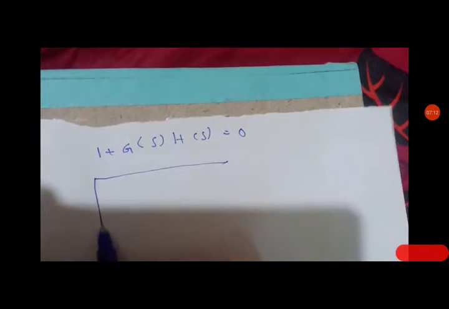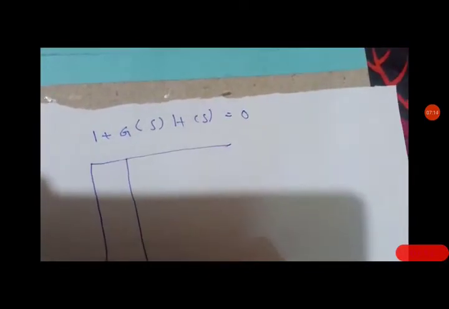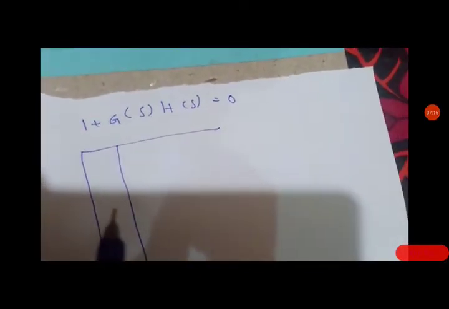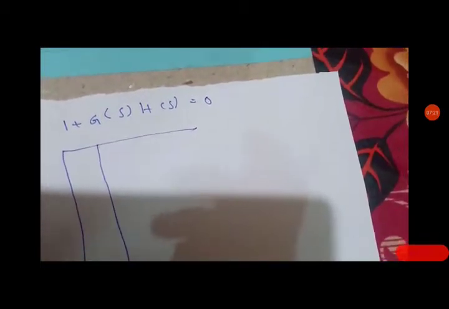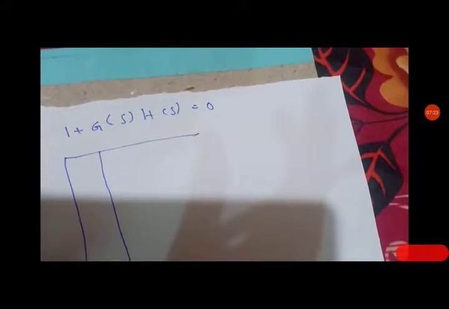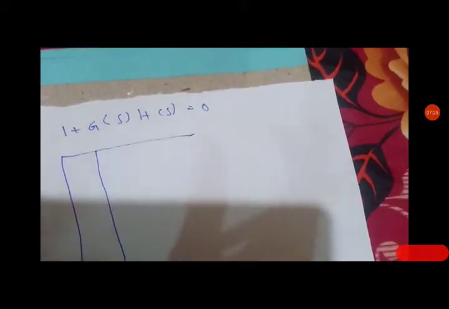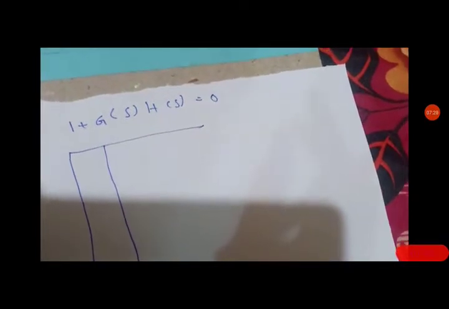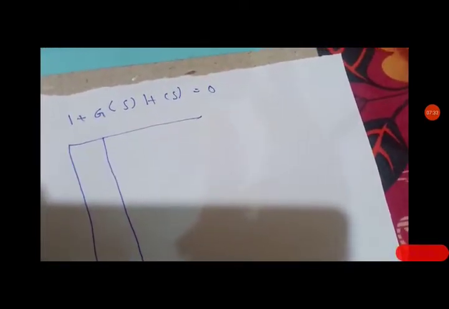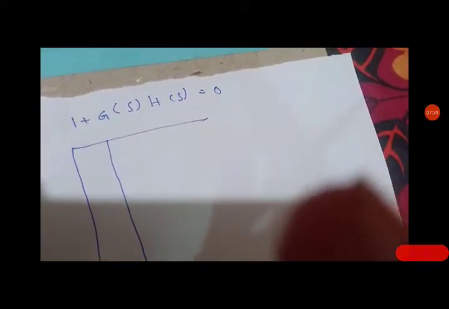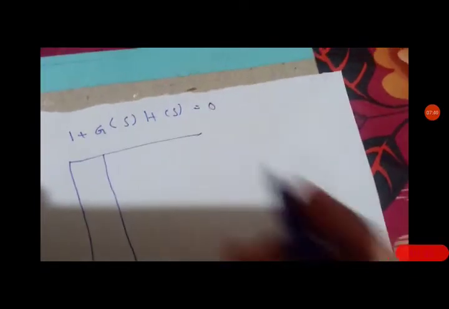So if in this table, the first column of this table, the coefficients are positive, or all coefficients are negative, we call the system stable.